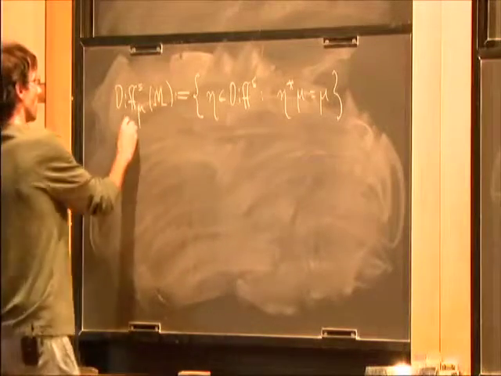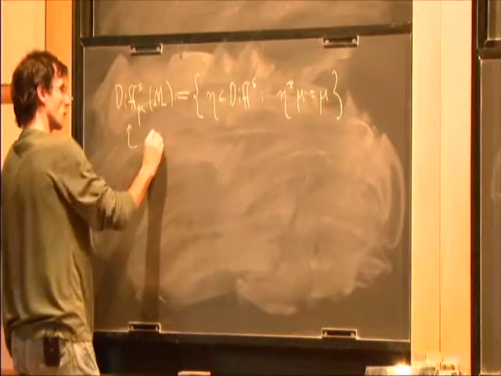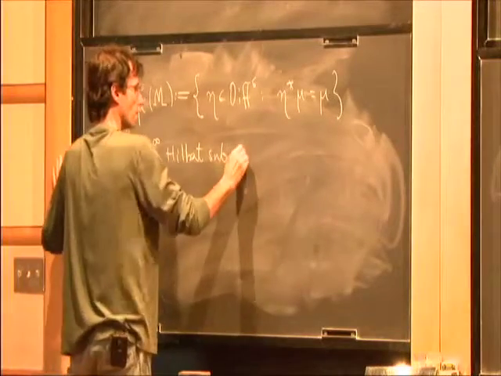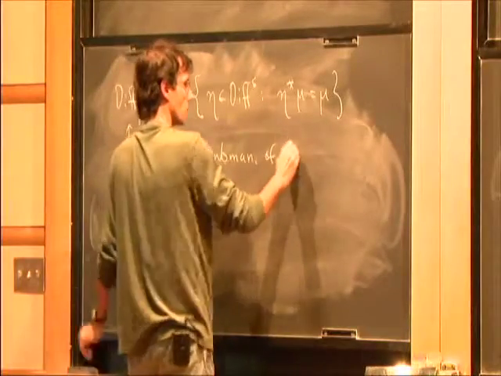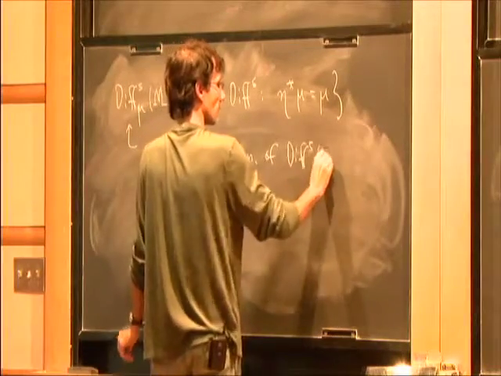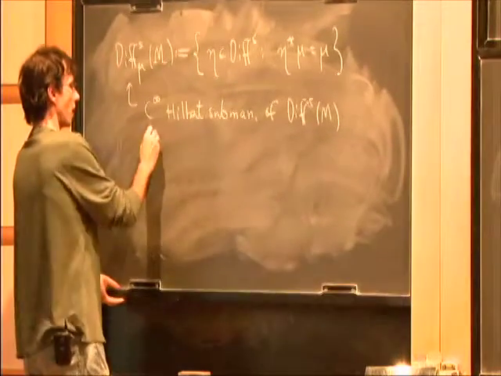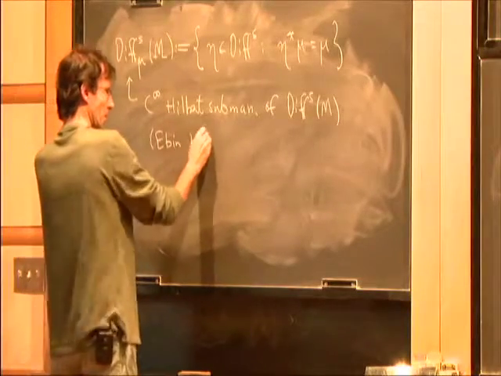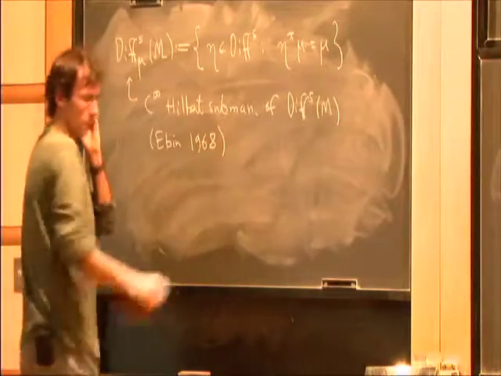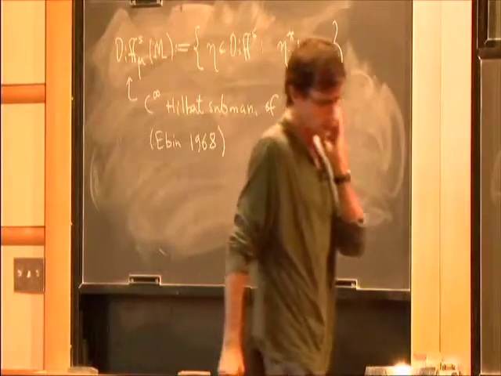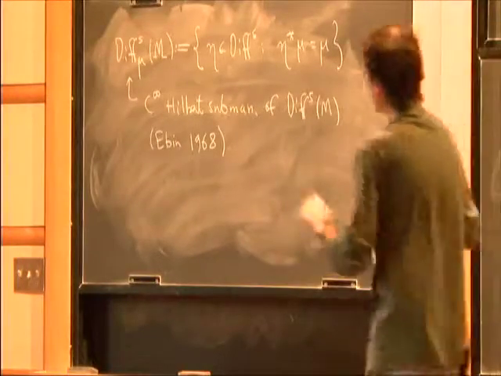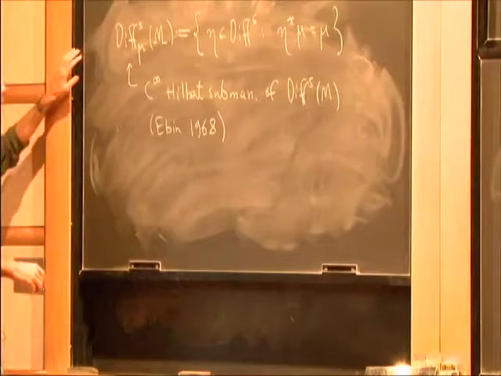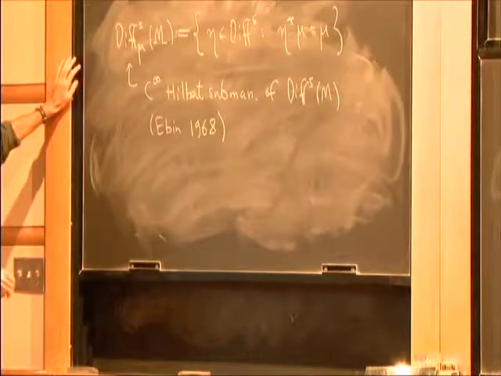And this can be shown to be a smooth Hilbert submanifold of Diff^s of M, and this is really due to Ebin, I think, in his thesis, possibly 1968, where he studied the slice theorem, I think, for the action of the diffeomorphism group on the space of Riemannian metrics. So he was interested in a different problem, but nevertheless in the same object.